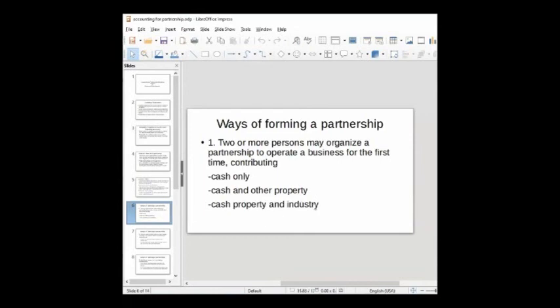While for the industry, that means the service, there is no journal entry, but there is a memorandum entry stating that this partner is an industrial partner, and he is not liable for any losses, but he must have the right to share in the profits of the partnership. And that should be clearly stated on how much will be his share in the profit.